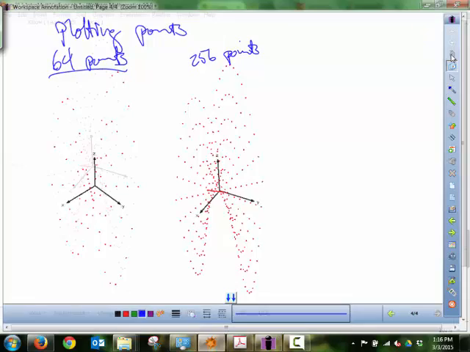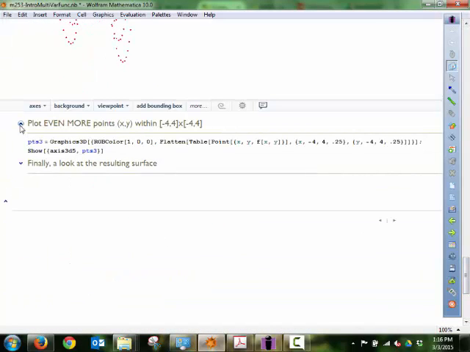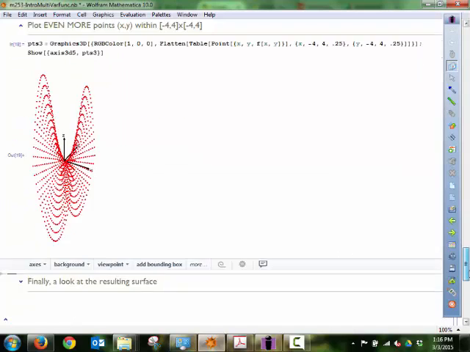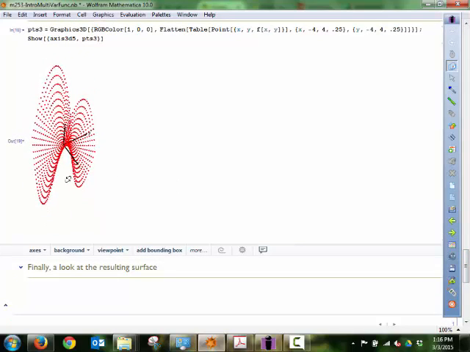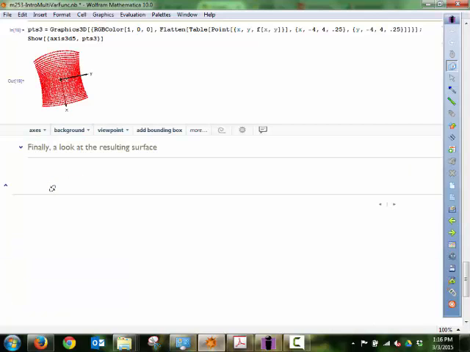So let's go even more points. This time I'm adding a couple more points. I'm going by increments of 0.25. Again, looking at it from the top, you just see a bunch of dots. If I go from -4 to +4 in increments of 1/4, how many dots do I have there? A lot.